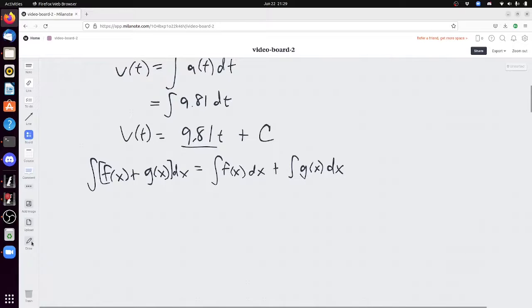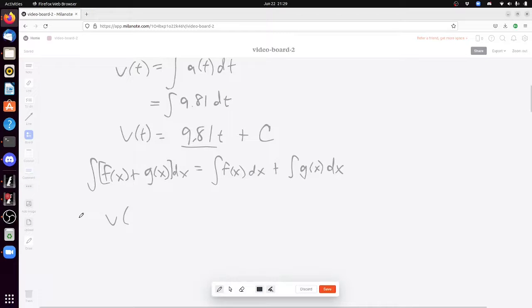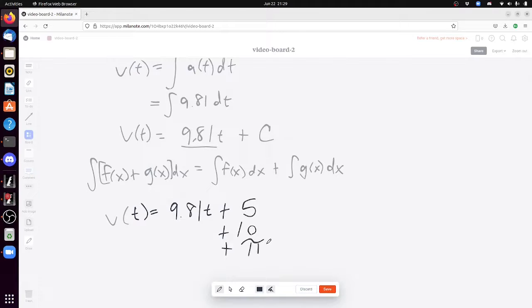So for example, if we had v of t equals 9.81t plus 5, or 10, or pi, or any constant, anything that's not dependent on t, take the derivative of all of those, and they're all going to get to 9.81. So in one sense, this constant is arbitrary. That's why it's called an arbitrary constant. But there is a way to solve for it.